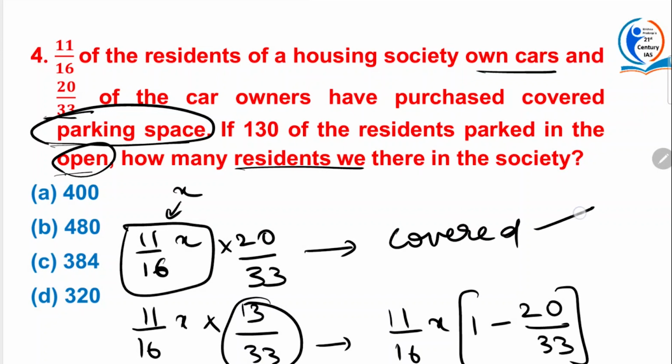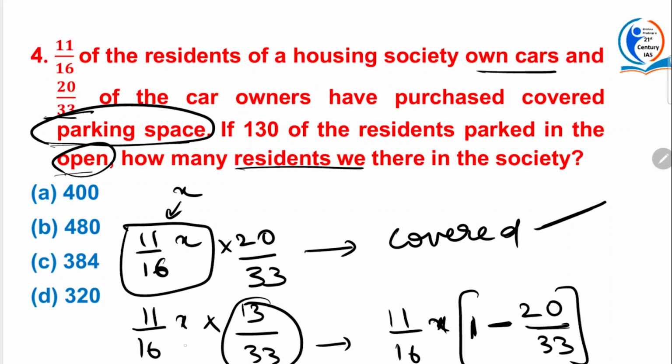Because people who have covered parking spaces are 20 by 33. So, if you want to know people who park their cars in the open, you have to subtract it from the people who have cars. So, it is 11 by 16x into 1 minus 11 by 16x into 20 by 33. So, you will get this.